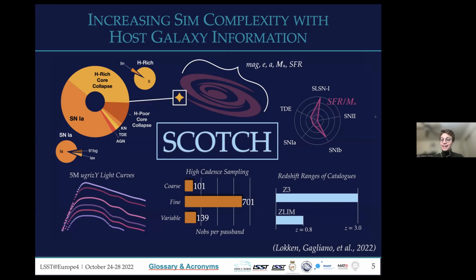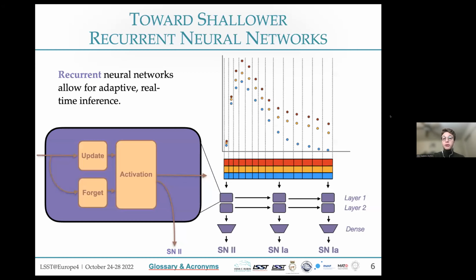This was really exciting, and it seems like this host galaxy information could be valuable for classification of supernovae, not just with full phase light curves, but actually early in their explosion when you don't have very much photometry from the explosion itself.